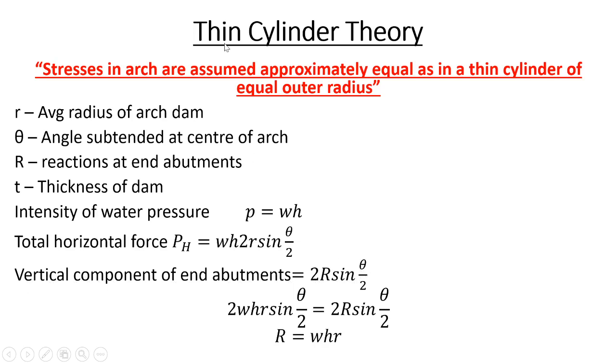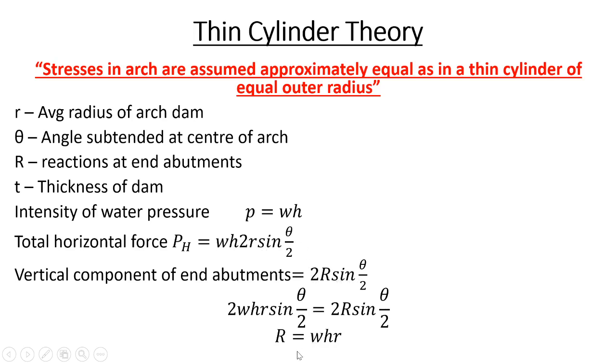Now according to thin cylinder theory, this horizontal force of water is taken by the vertical component of the end abutments. So we can equate this equation and this equation.